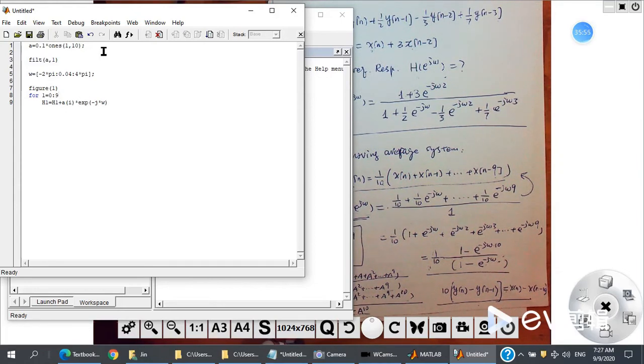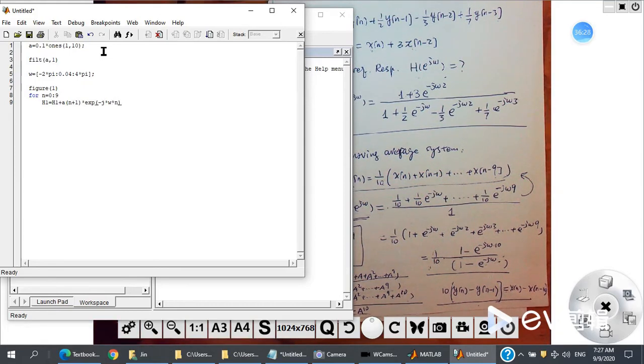No, I will run from 1 to 9. I use n. Okay, this is n, n equal to 0 to 9. Then this will be A of i, but you know, in MATLAB, all the vectors' indices start from 1. So here should be n plus 1. Then e to the negative j omega times n.